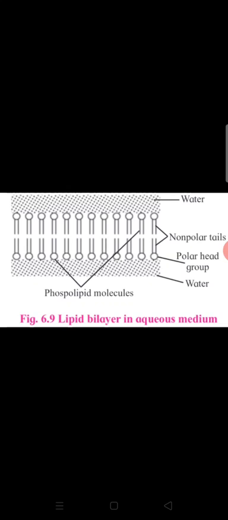Now we will see about compound lipids. On the screen you are watching, there is an example of compound lipid, that is phospholipid molecule, which forms the cell membrane structure in the cells. So on the screen you are looking at phospholipid molecule of compound lipid.